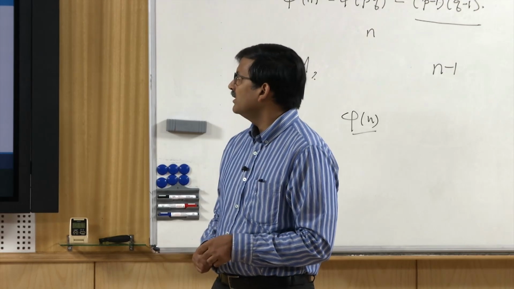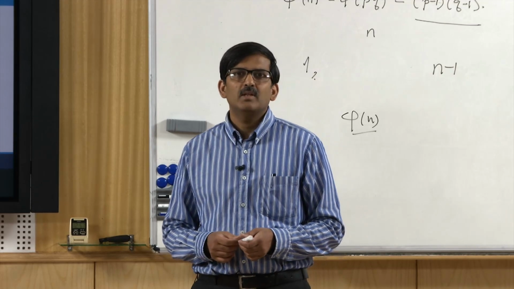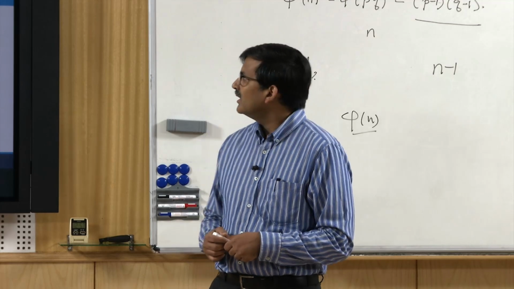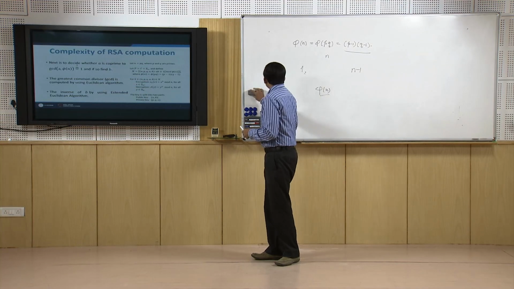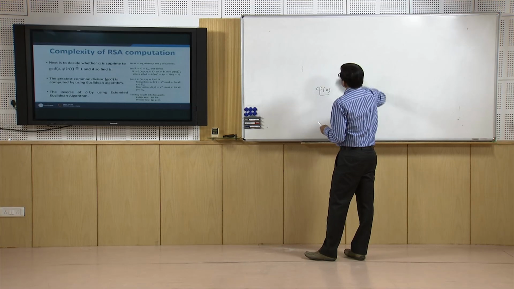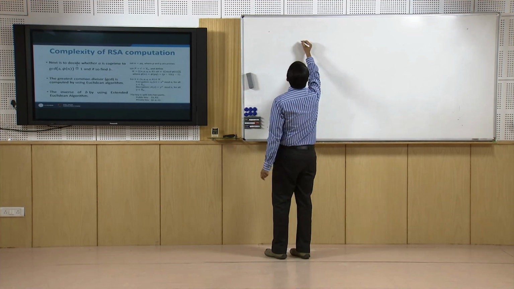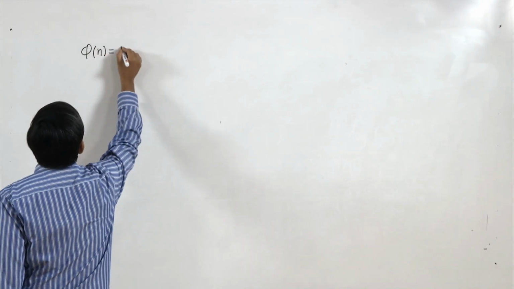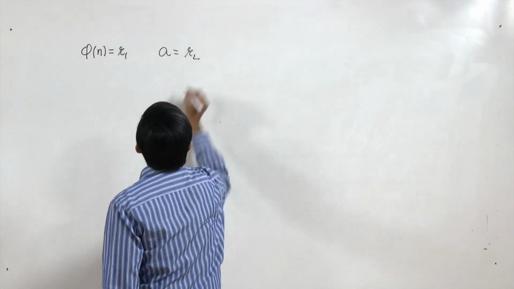Now, we know phi n, so we have to compute the GCD. GCD computation is easy. GCD computation is done in school, and that is the technique that we will be using. So, what is it like? Suppose we take phi n equal to R1 and A is equal to R2.